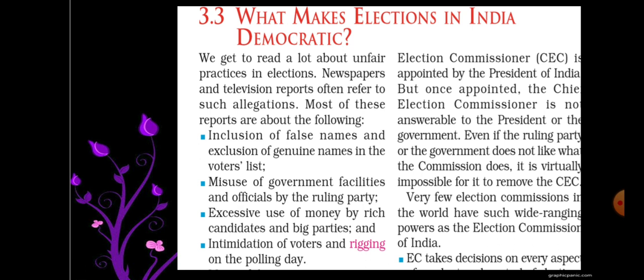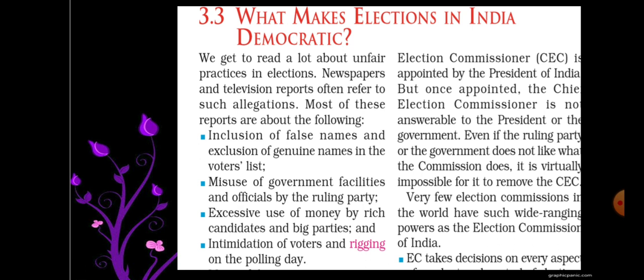So the election commissioner can also stop a polling, because if they know that the polling was not held in a fair manner in some booth or even in an entire constituency, then they can order a repoll.